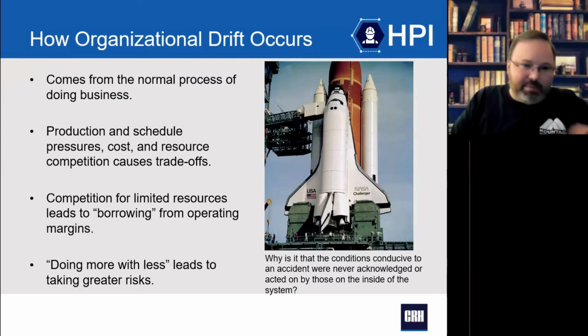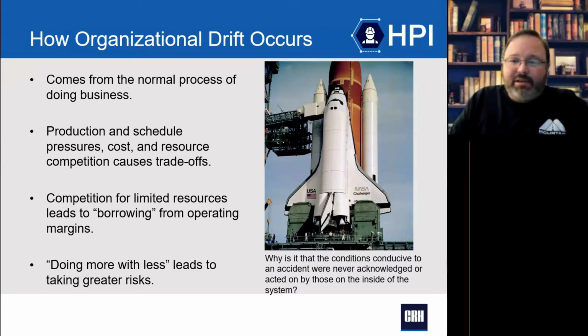Just like in the example before, we need that machine in operation, so we're not going to take the machine out of operation because the door handle that we get in a couple times a day is damaged. But we need to have a solution for that. Competition for limited resources leads to borrowing from operating margins, and doing more with less leads to taking greater risk.